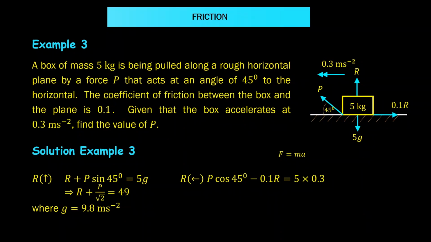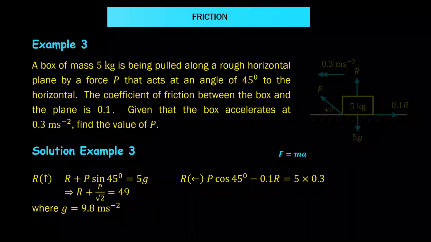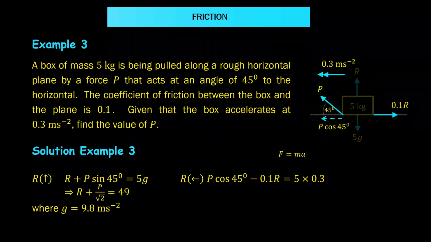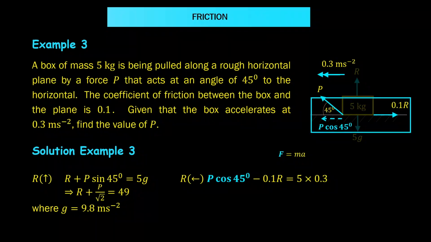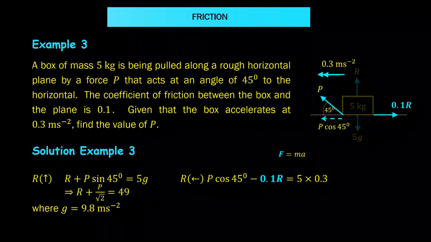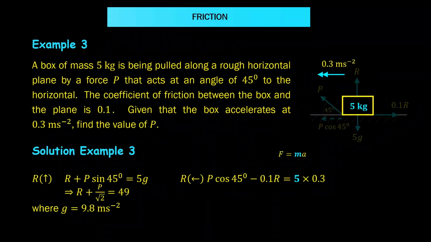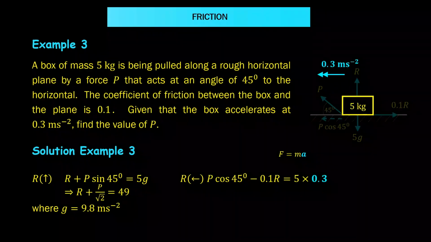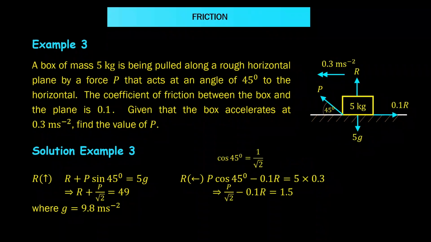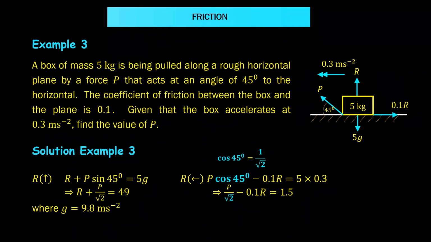So we have in the direction to the left, P cos 45 degrees minus 0.1 R equals mass, which is 5, times acceleration, which is 0.3. Plugging in cos 45 degrees equals 1 over root 2.